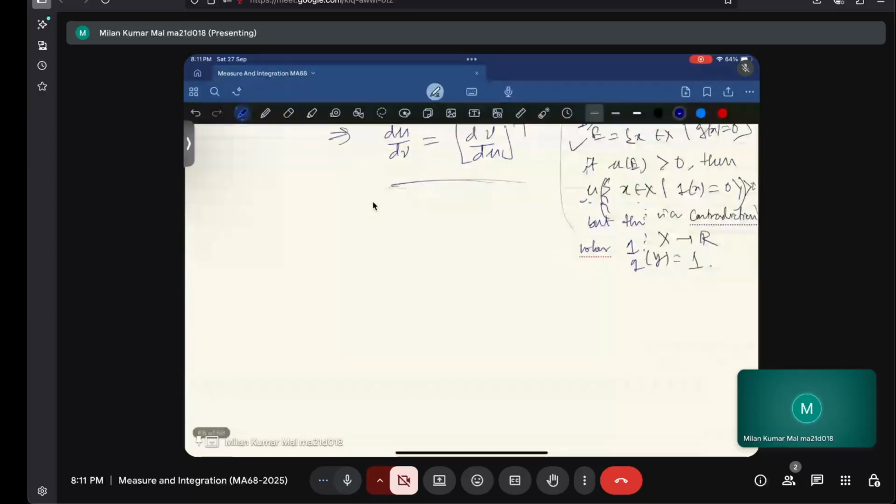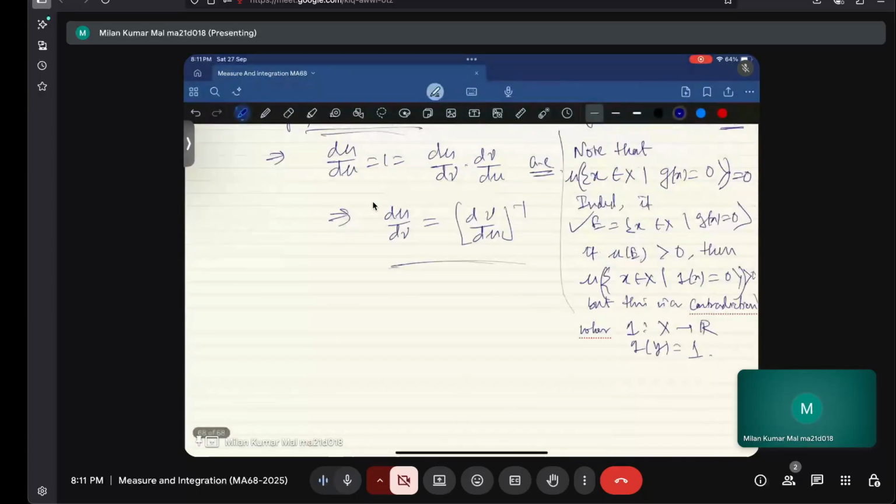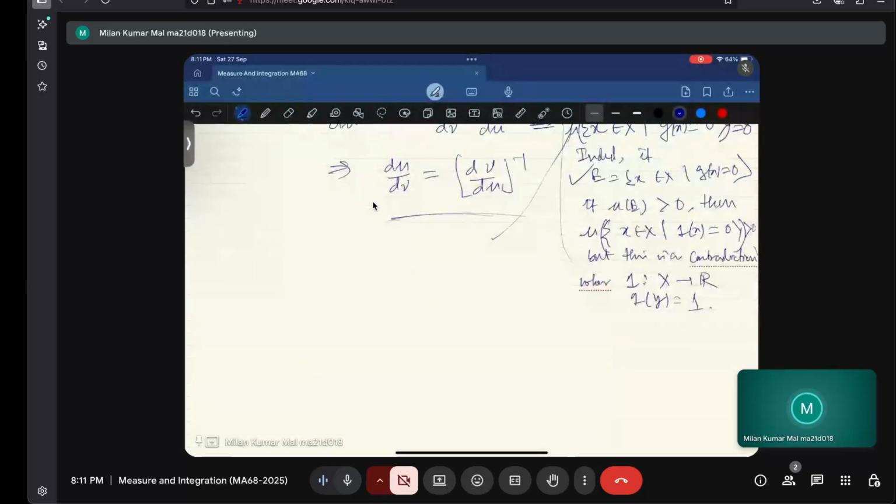So the set of zeros of g has measure 0. This forces that g inverse is defined mu almost everywhere.